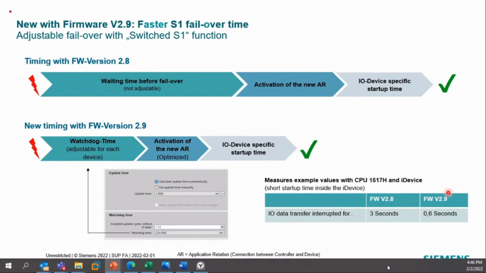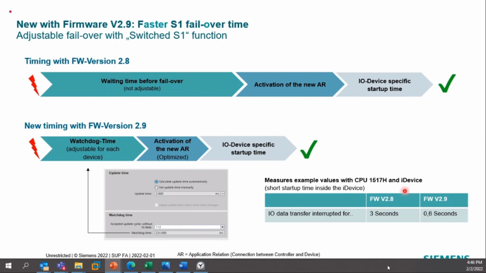Don't go by the numbers themselves, but they found that with a 1517H connecting to S1 devices, in a similar scenario with 2.8 it was 3 seconds, and with 2.9 now it is 0.6 seconds, and this has an adjustable watchdog time.